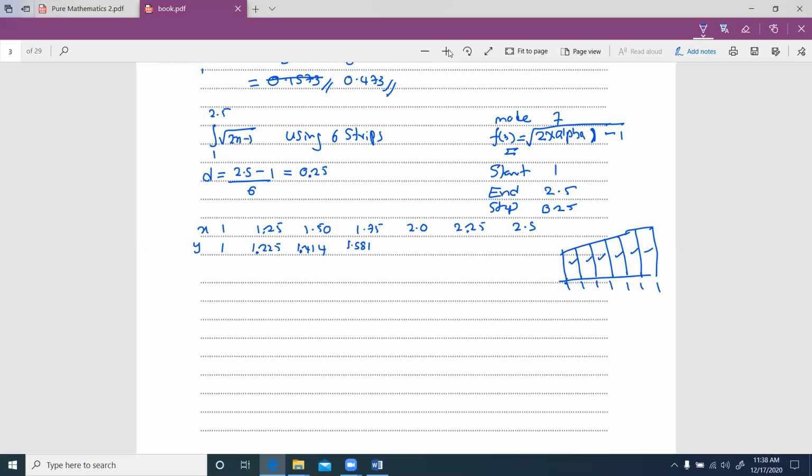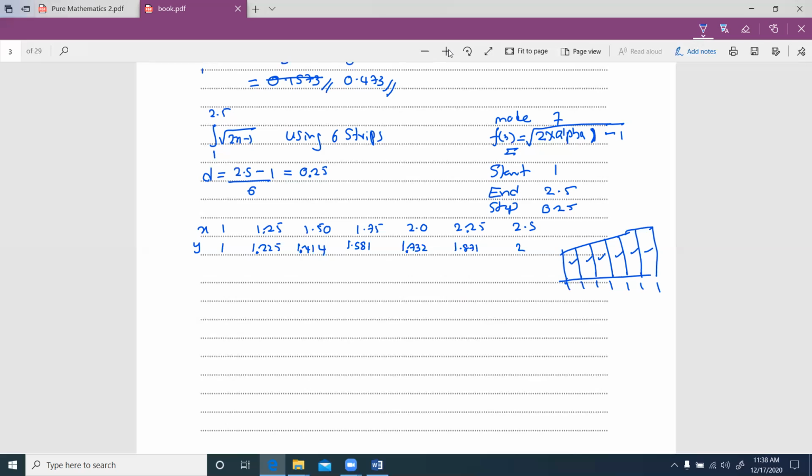The next one is 1.732. Then the next one is 1.871. Then the next one is 2. Right. Then you can find the approximate answer for the entire integration.